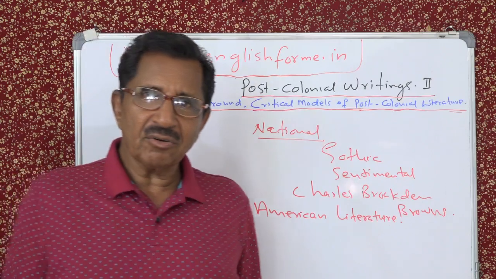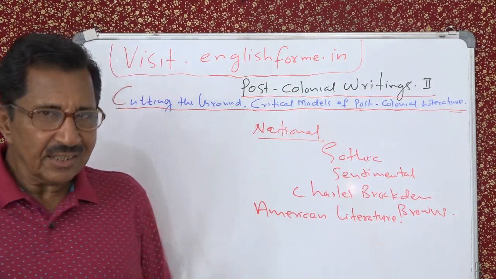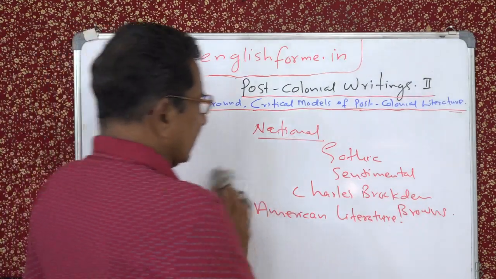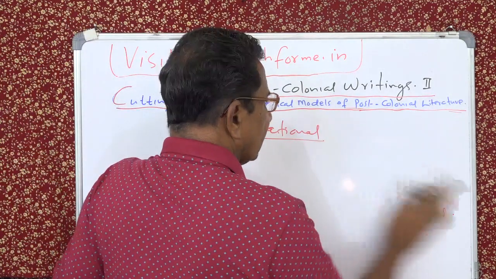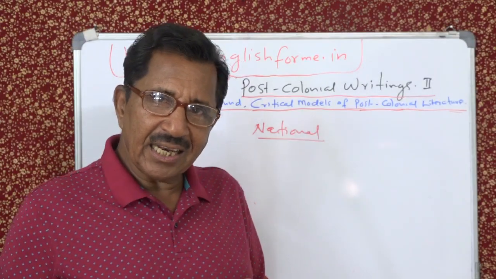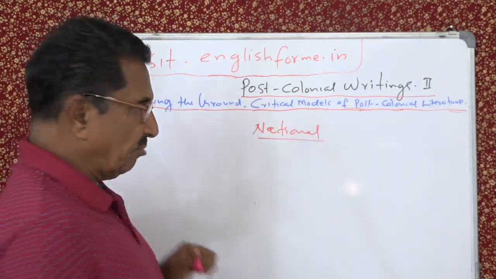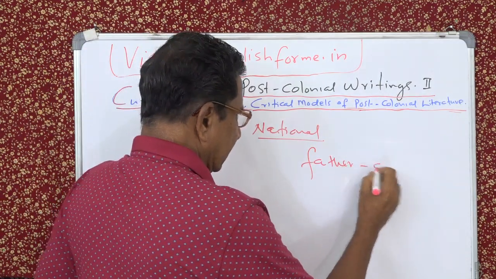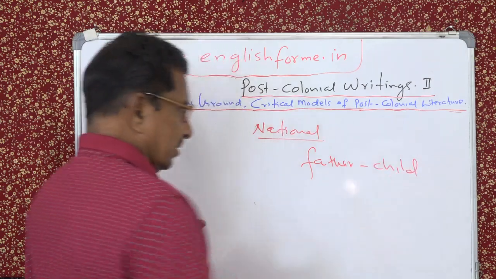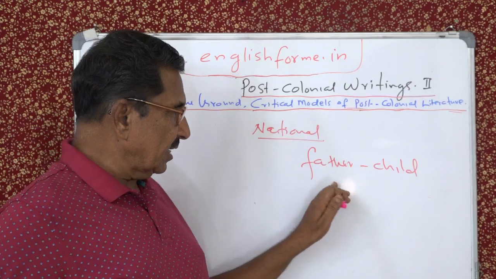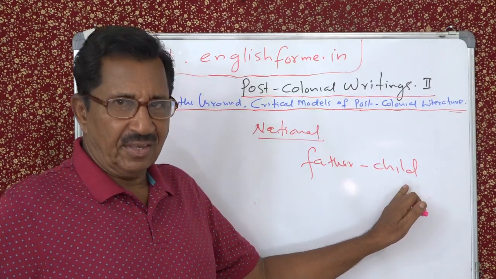But before that, for the relationship between the American and British varieties, they used some metaphors like this. They said American is child and British is father. Father and child, they said. The relationship between England and America: father England and child America.